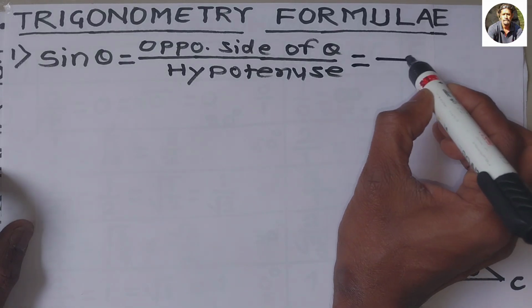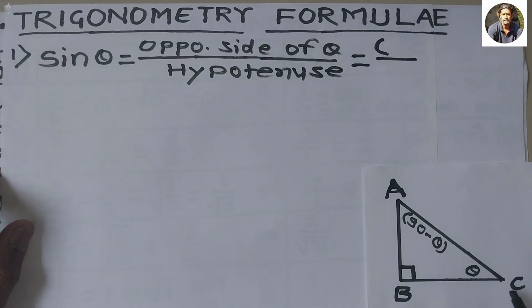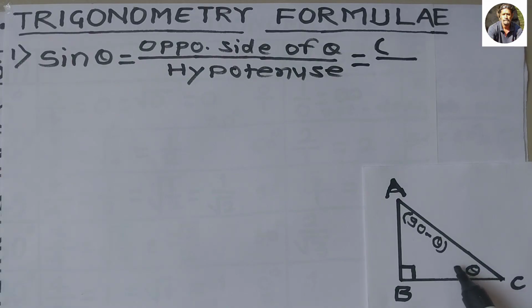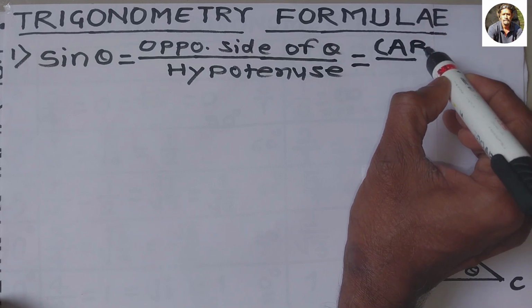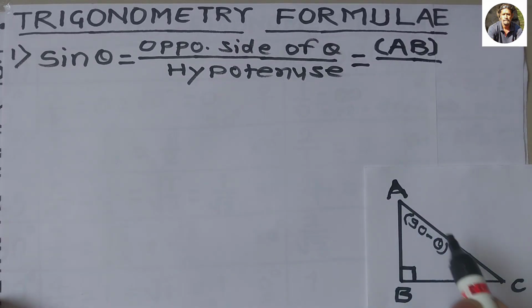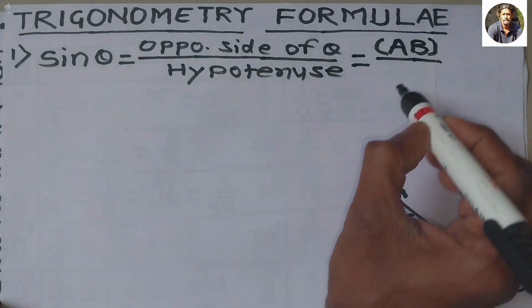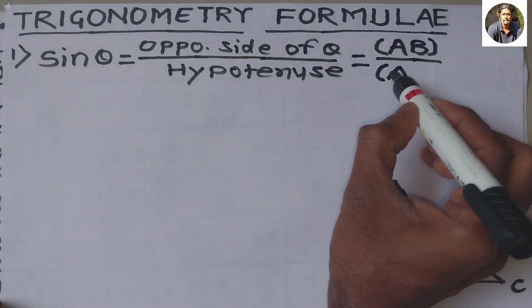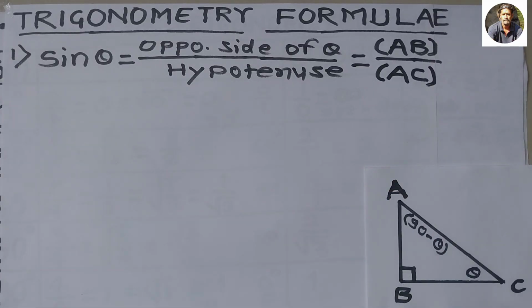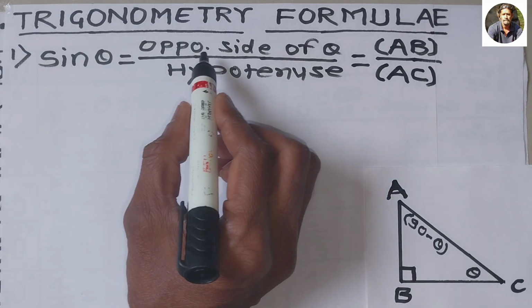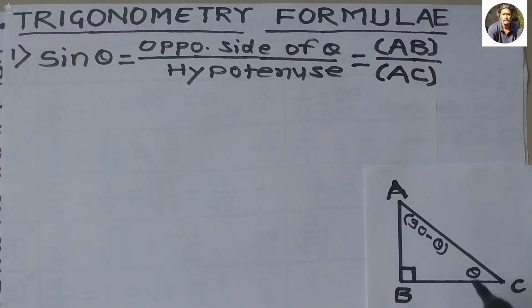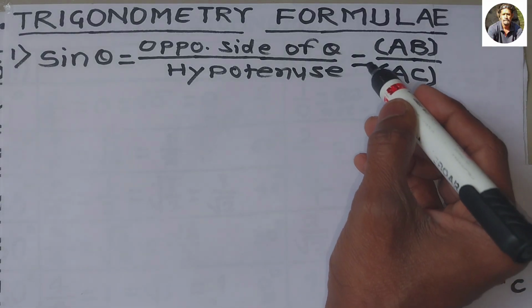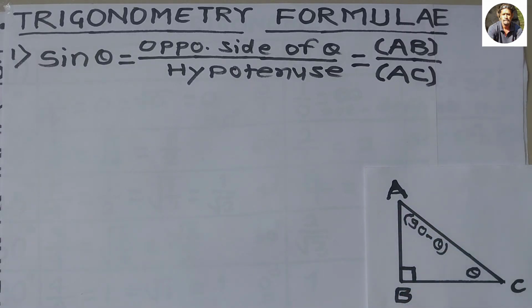Look here, opposite side of angle theta, that is AB. So we write here AB upon hypotenuse. Hypotenuse, this is right angle, so this is hypotenuse. Therefore we write upon AC. This is for sin theta is equal to opposite side of theta upon hypotenuse of this right angle triangle. Therefore it is equal to AB upon AC.